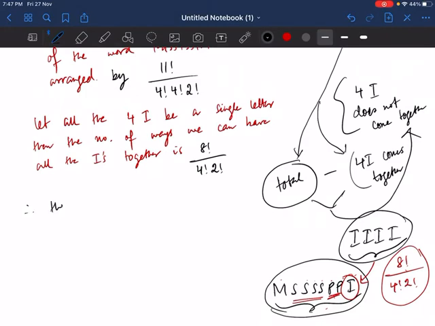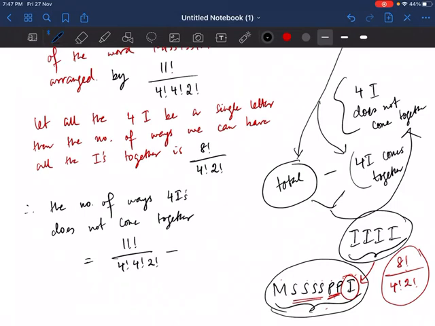Therefore the number of ways 4 I's do not come together is equal to 11 factorial divided by 4 factorial, 4 factorial, 2 factorial minus 8 factorial divided by 4 factorial, 2 factorial.